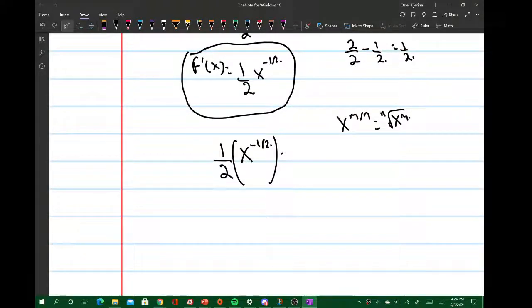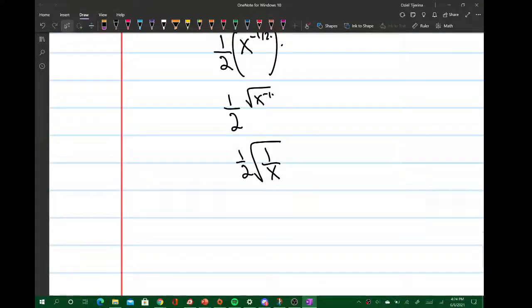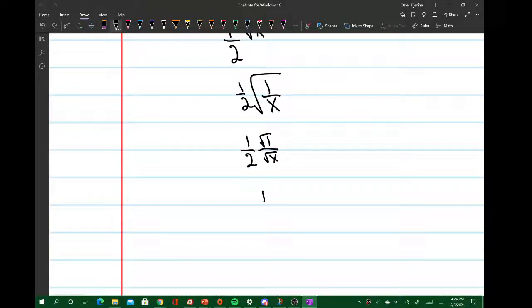So basically, we have 1/2 times the square root of x to the negative 1. This is equal to 1/2 times the square root of 1/x. So then this is equal to 1/2 times 1 over the square root of x. And this is just 1/2 square root x.